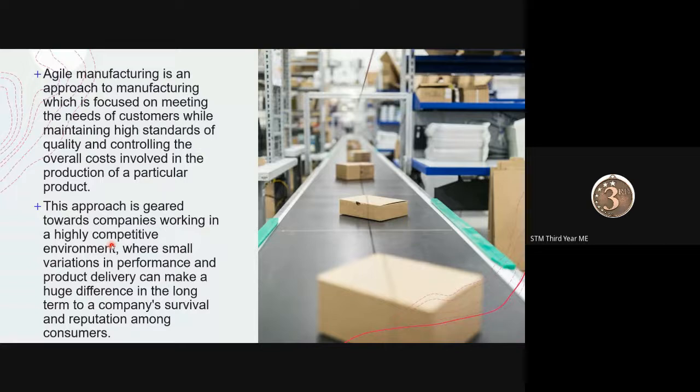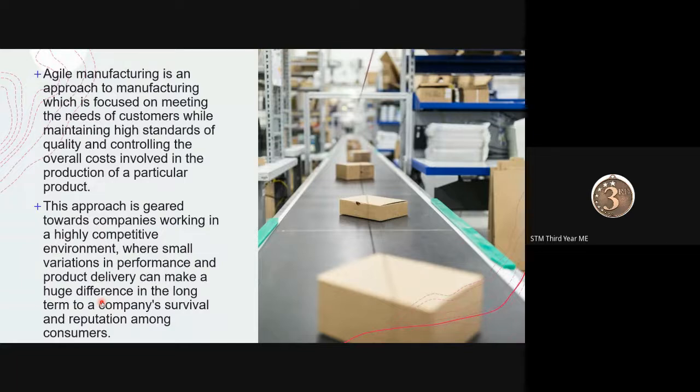So that is why agile manufacturing is essential, where small variations in performance and product delivery can make a huge difference. If you are in a competitive environment, if there is a small variation in performance, naturally the quality of the product will vary. If it is of lower performance, low quality; higher performance, high quality. And product delivery can make a huge difference. If the product delivery takes much time, then the customers will not be satisfied and the demand decreases.